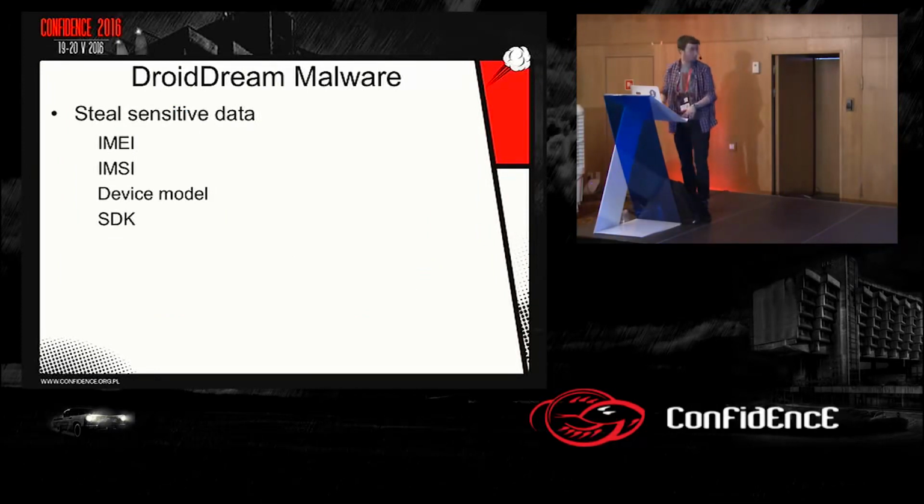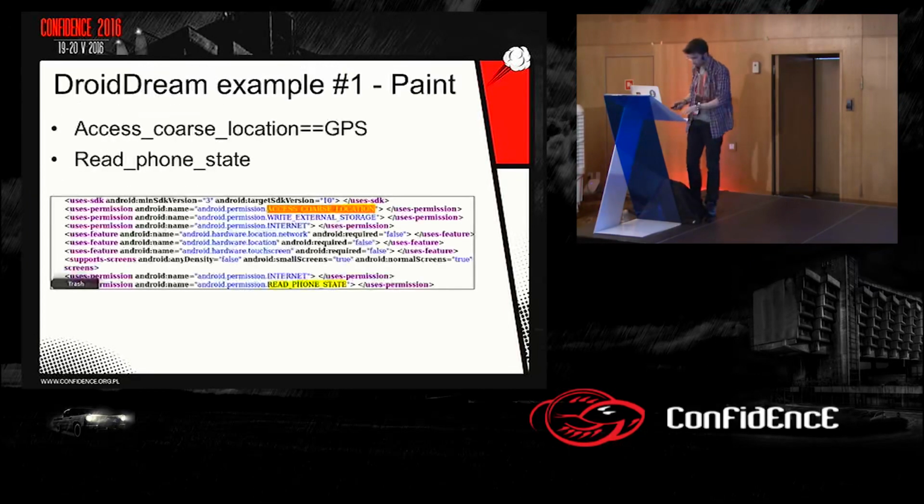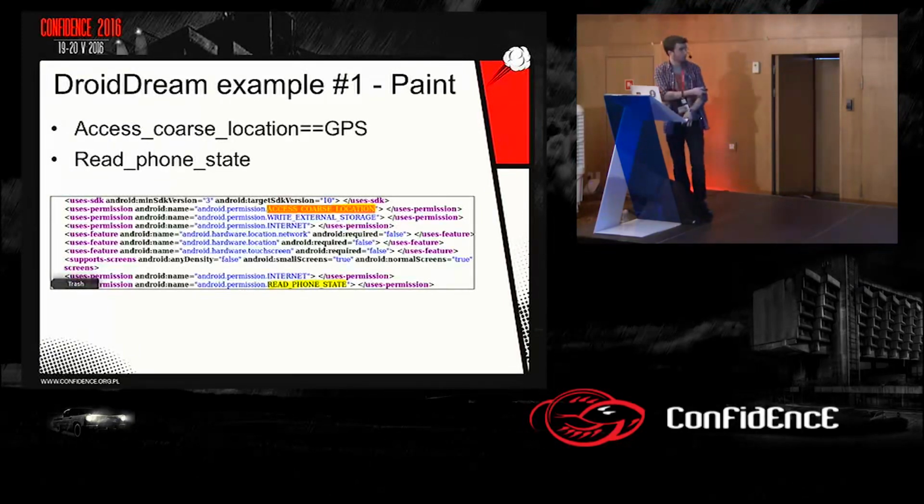Another kind of malware is Droid Dream. This kind of malware tries to steal sensitive data from your phone, like the email, IMSI, device model, etc. For example, here is another application that was in the market. It's a Spain-themed drawing application, but it was asking you to give your GPS position and read the phone state.